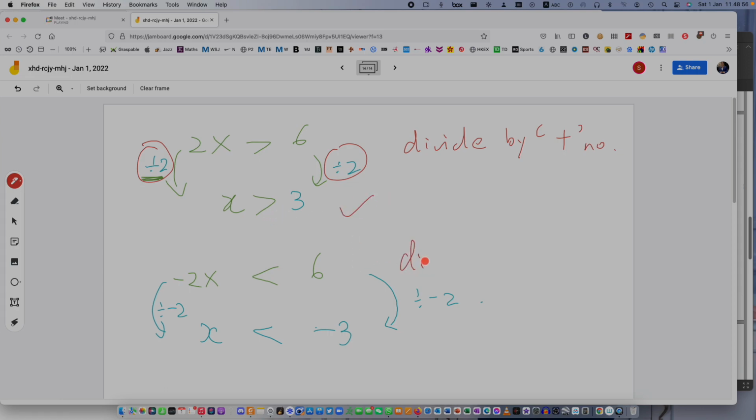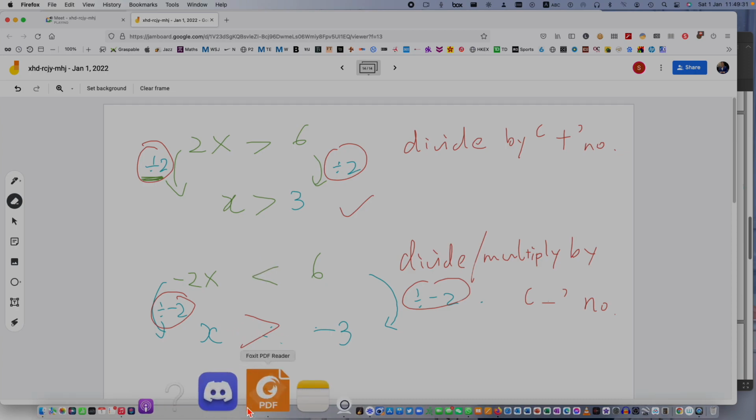But when you divide or multiply by a negative number, switch. So no longer is smaller. Change the sign. You remember? Or switch.